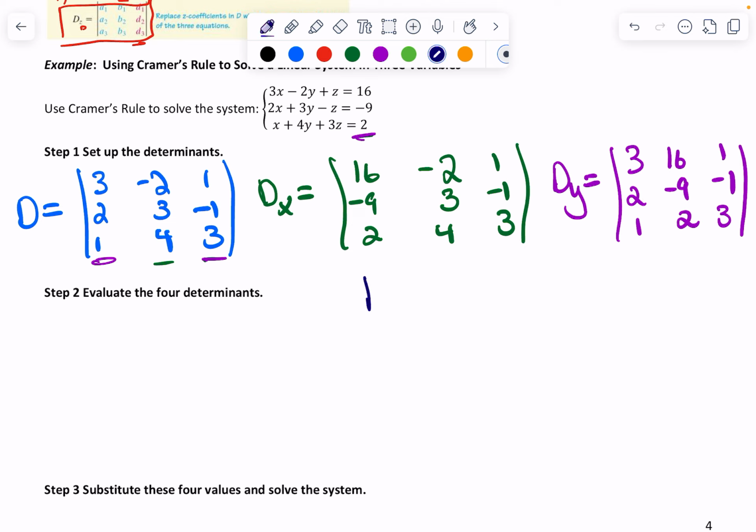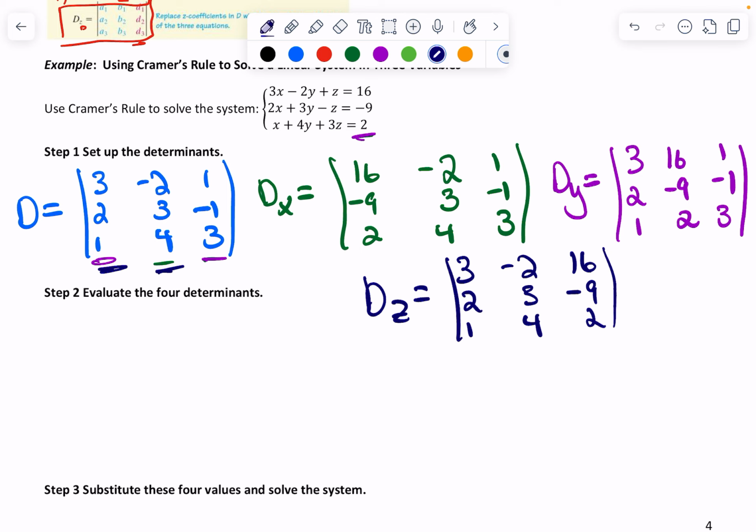Then we've got one more. We've got z. So again, the first two columns are going to be the exact same as we've got in the determinant. It's the z coefficients that we are replacing with the constants, 16, negative 9, and 2.